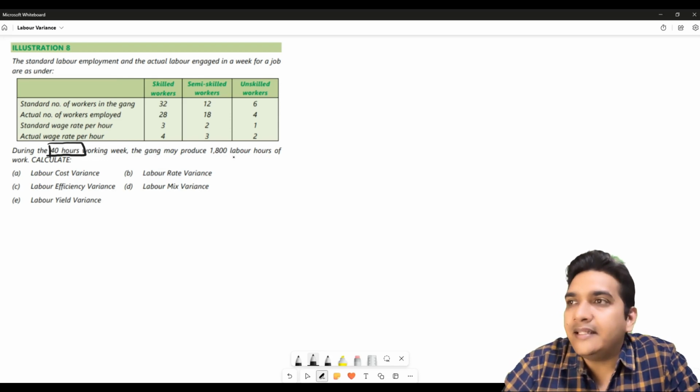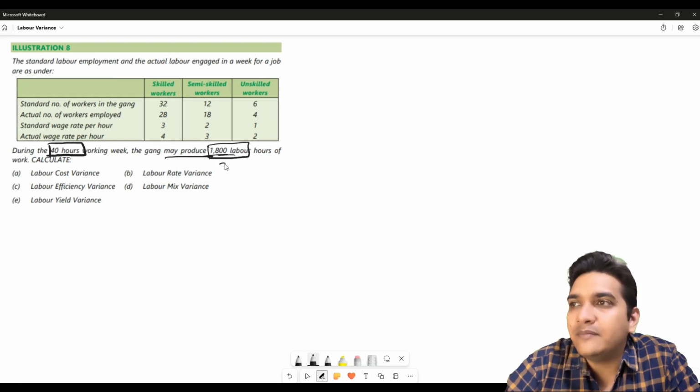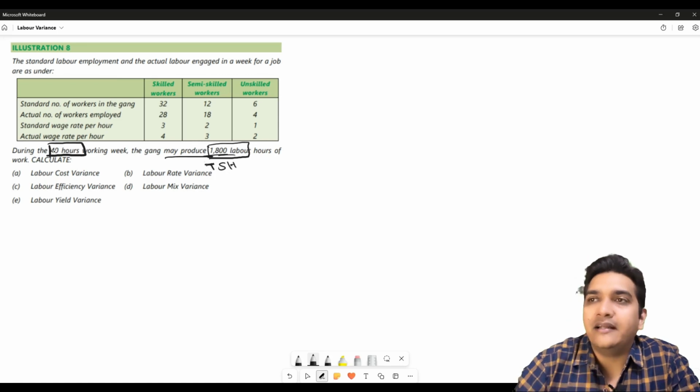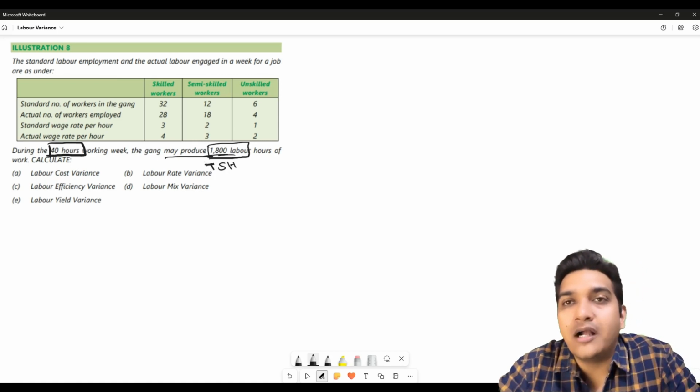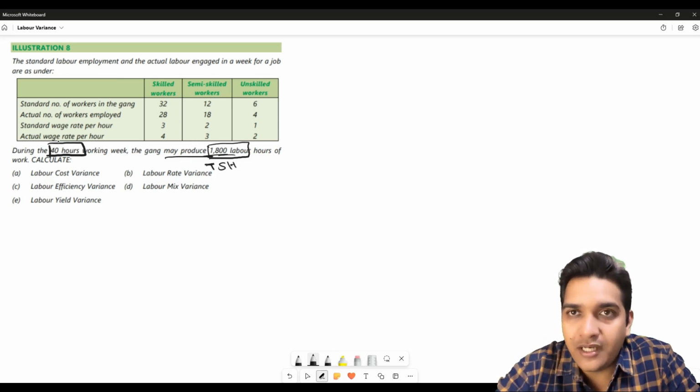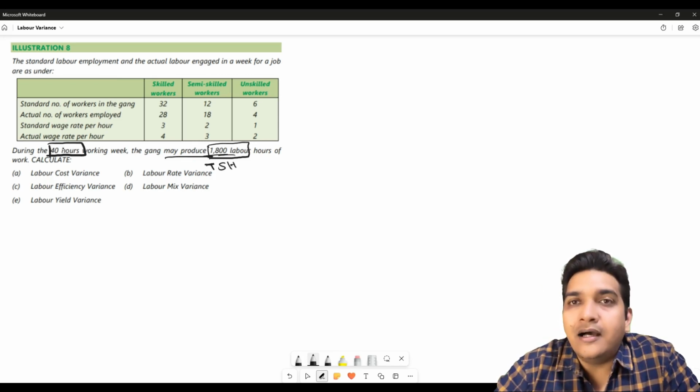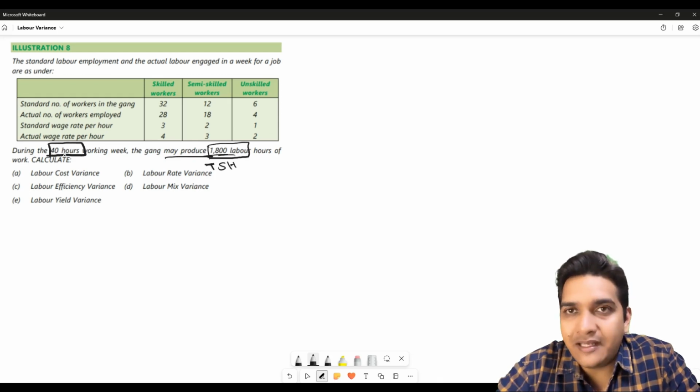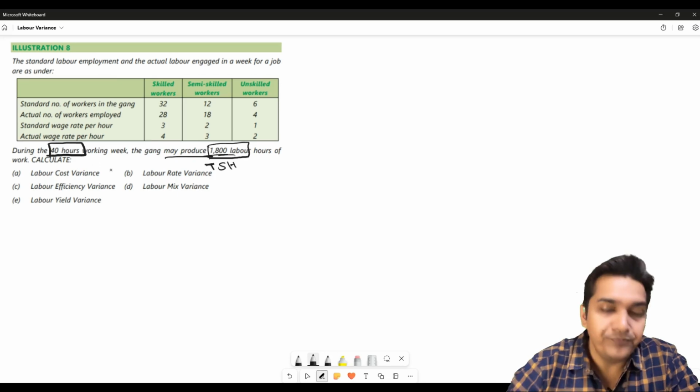And then they say that the gang may produce 1800 labor hours. This becomes my total standard hours. The 40 hours we will use to compute our actual hours.